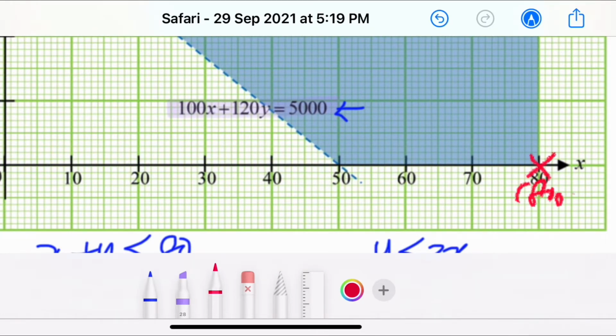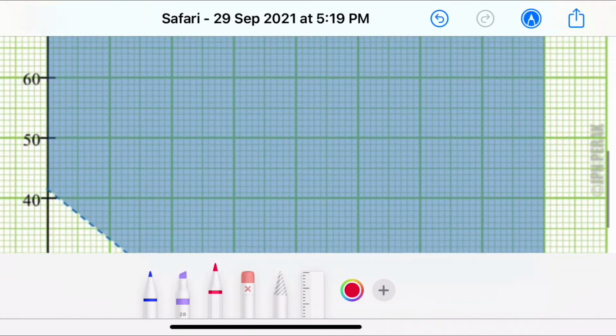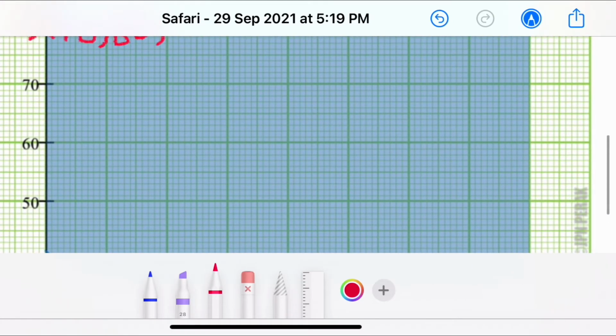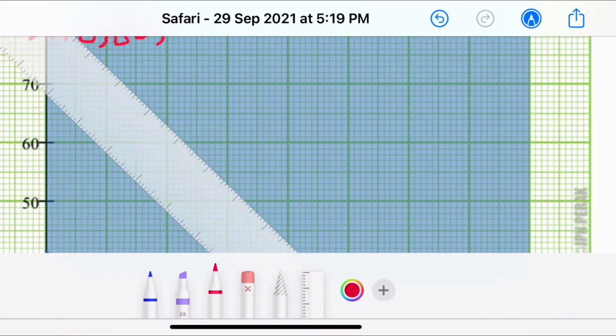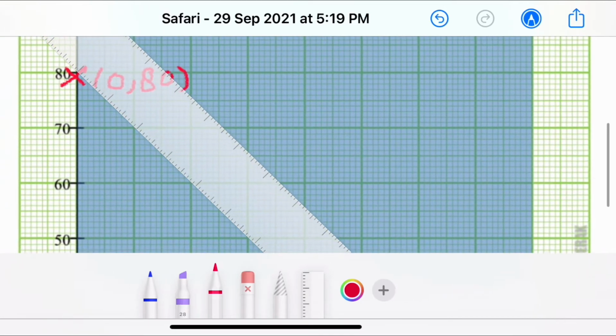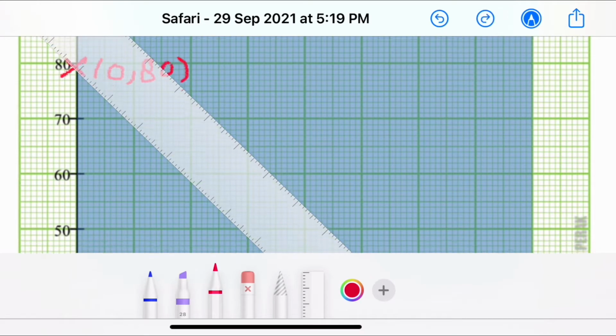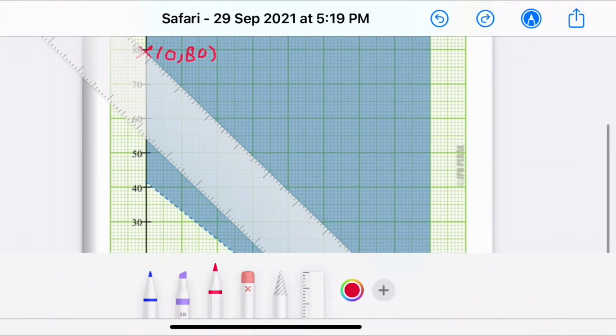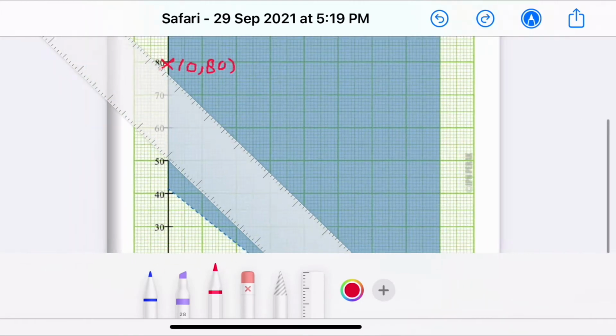We will draw a straight line for this graph by using a ruler. You can place your ruler there and draw, making sure you put it at the point. This is 80, and the other point also must be 80. I'm going to show you how I draw the graph.